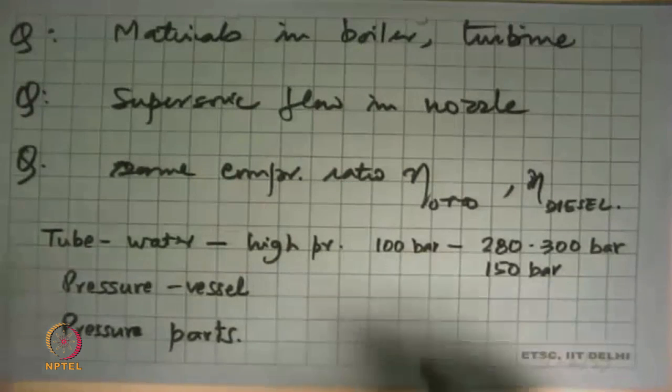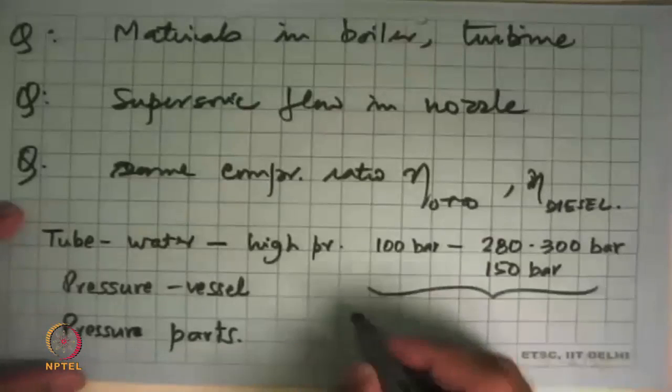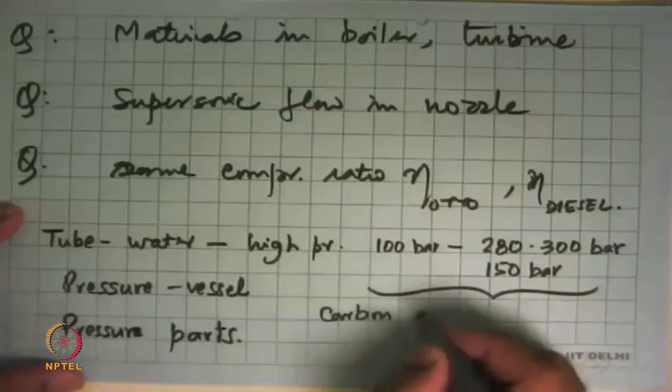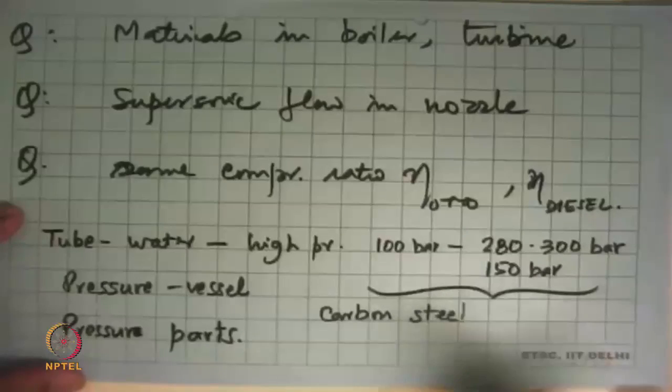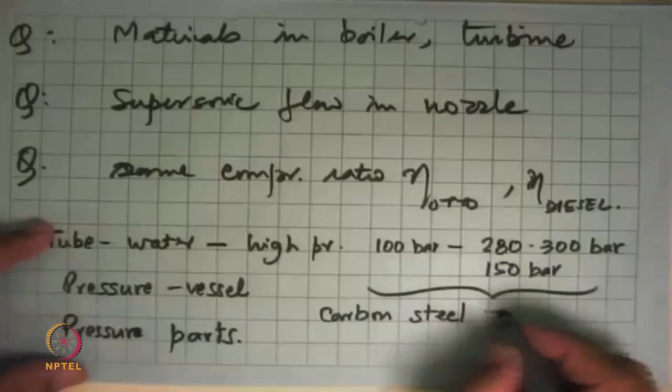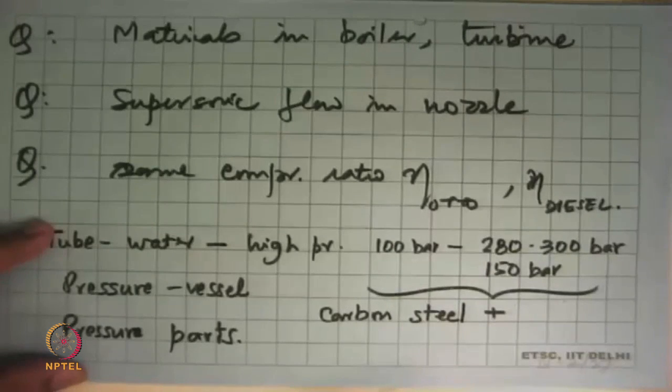The common materials that are used are carbon steels of different types. And it's not just the type of material, but also the way we make these that affects their quality and their life.